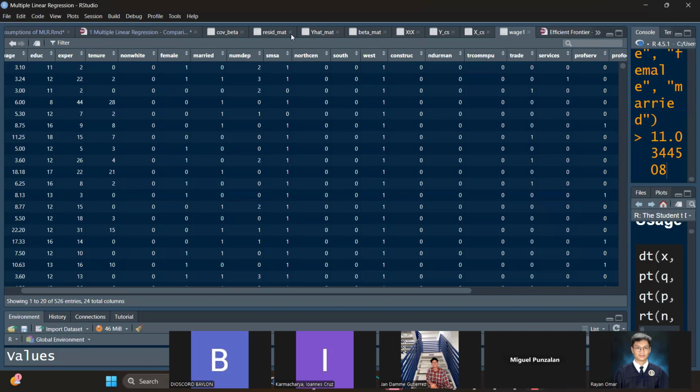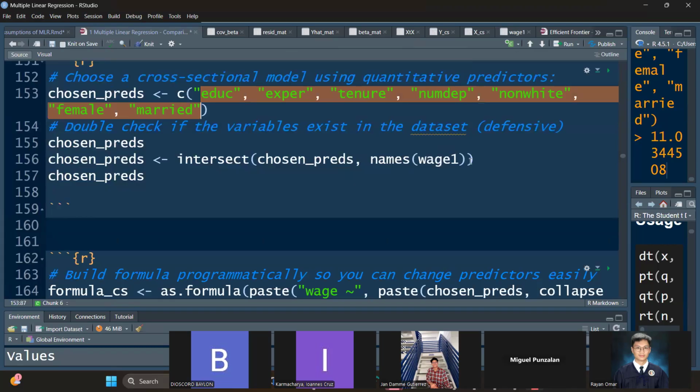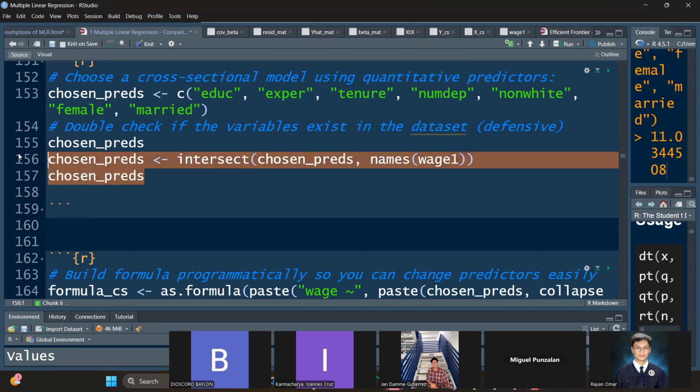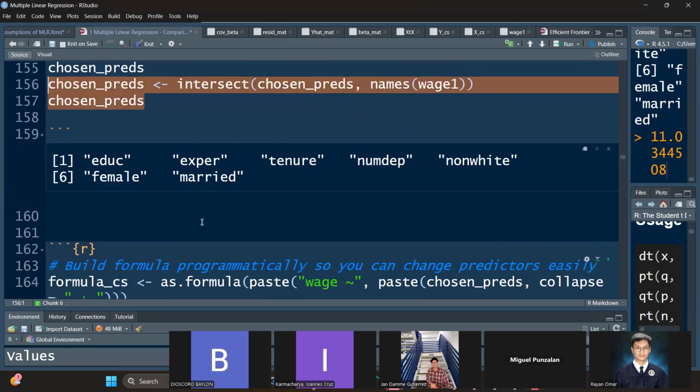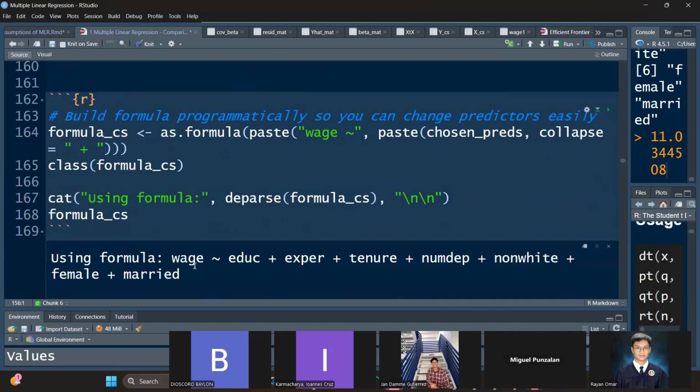We just wanted to make sure that these variables that we chose are really part of wage 1. Let me run this. There you go. So what I can find in chosen predictors, I can also find in wage 1, because they're all complete. All right.